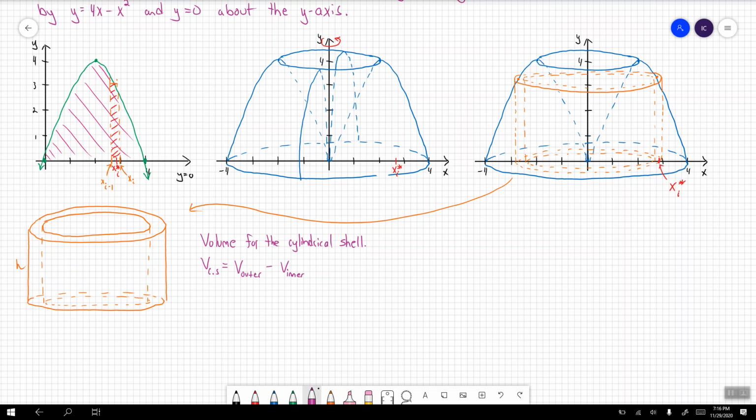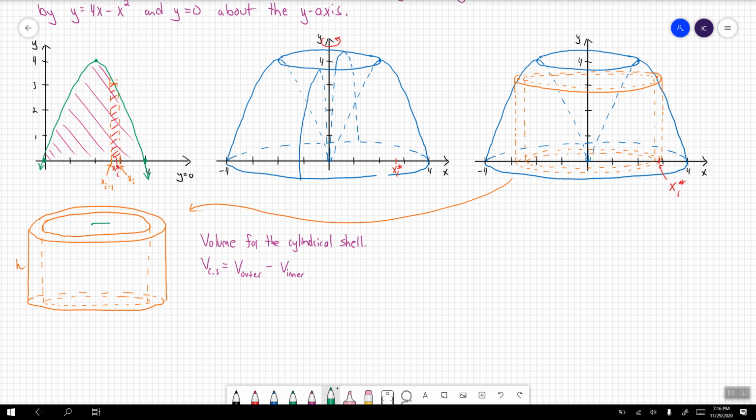Okay, that means that we have two different radii. And that's perfect because we do. So in order to identify the two different radii that we have, we're going to identify radius 1 and radius 2. So let's see if we can identify those two different radii.